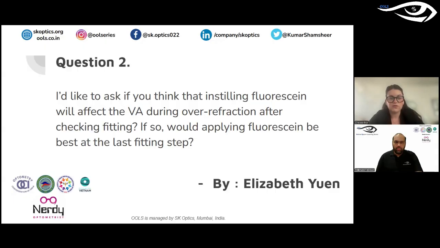So I don't often find that we have to remove the lens to recheck VA without the fluorescein. But definitely when they come back, we'll do the over-refraction and check the VAs before painting that fluorescein on the surface.